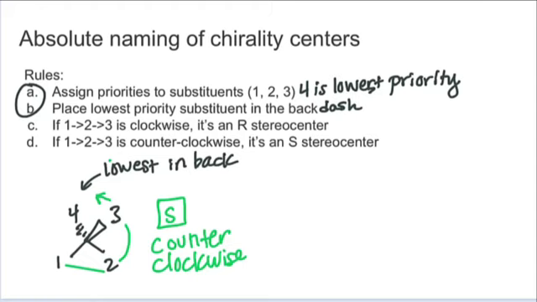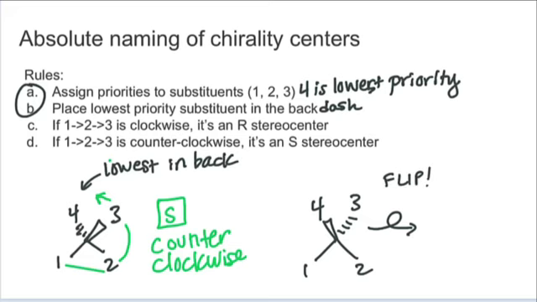Let's think about if the groups were prioritized differently. Let's think about this situation here. In this case, the lowest priority group is not in the back. What you're going to want to do is manipulate the molecule, so turn it in 3-dimensional space, maybe a horizontal flip.